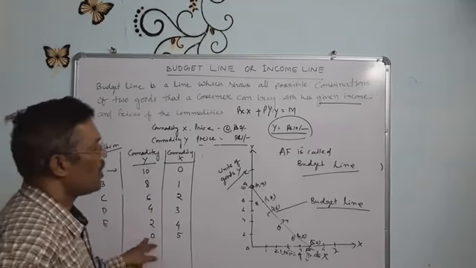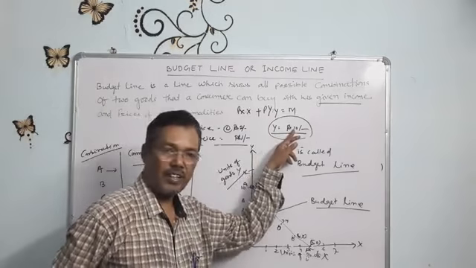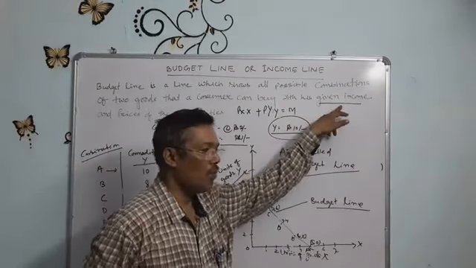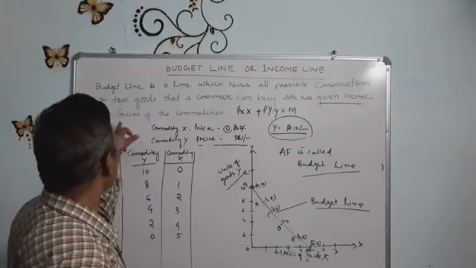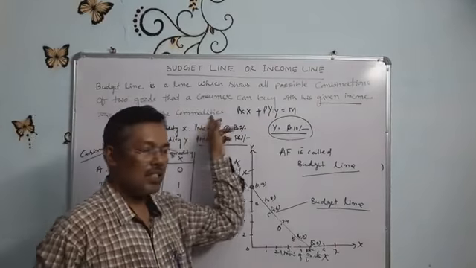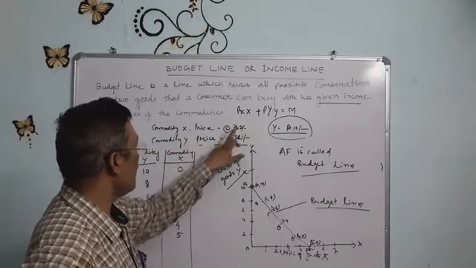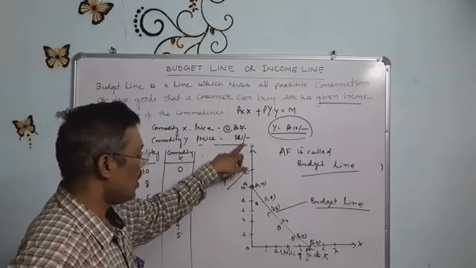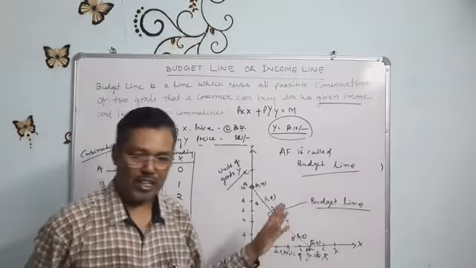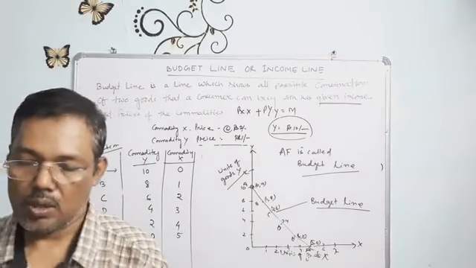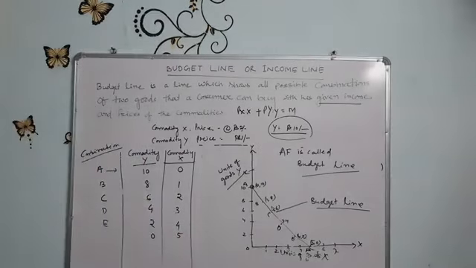His income is rupees 10, that is the given income, and the price of X goods is rupees 2 and Y goods is rupees 1. So he can purchase these combinations. So AF is called the budget line.